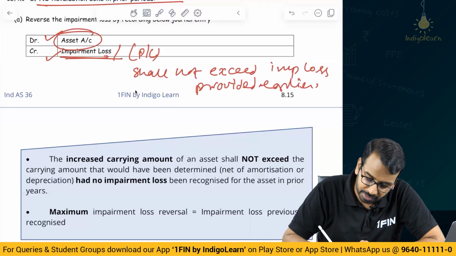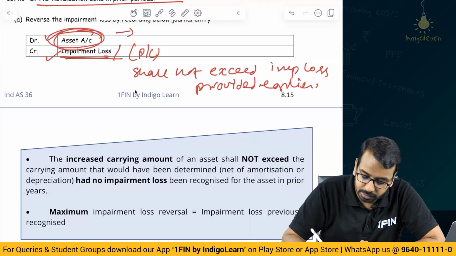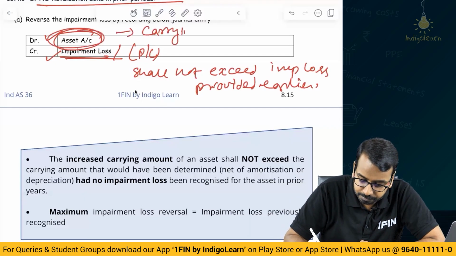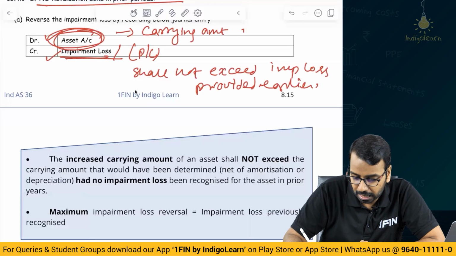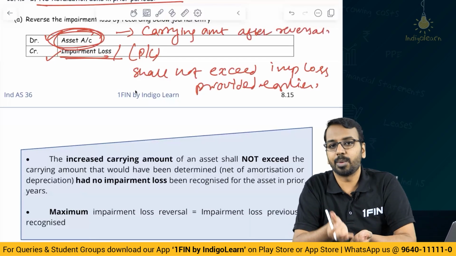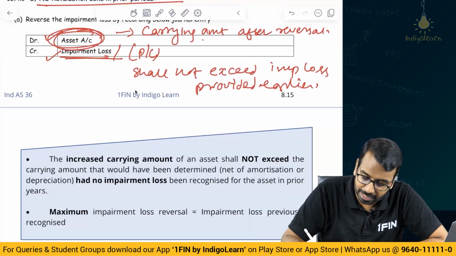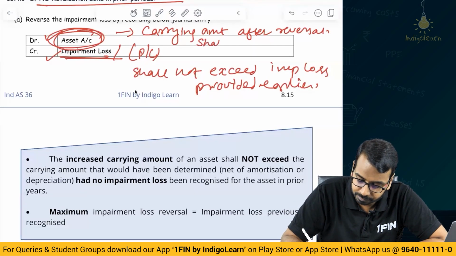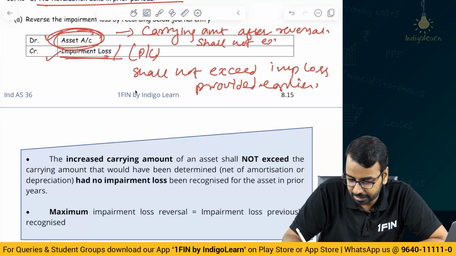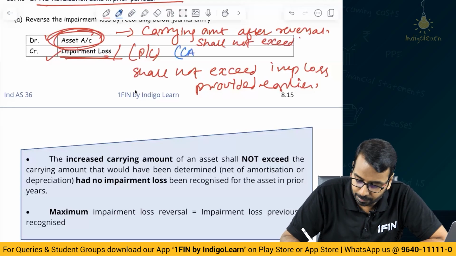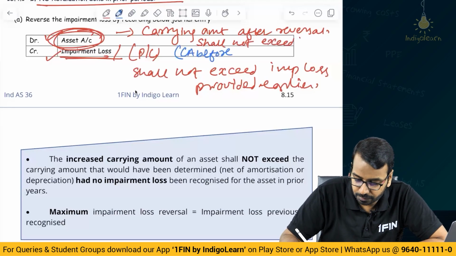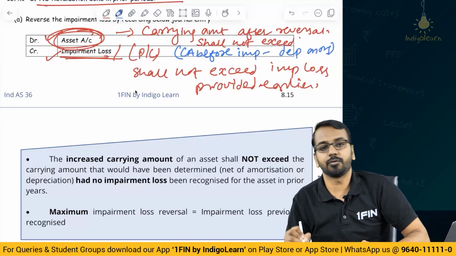Second thing is, the carrying amount after reversal, so the carrying amount has increased, shall not exceed the carrying amount before impairment minus depreciation on the original carrying amount before impairment.